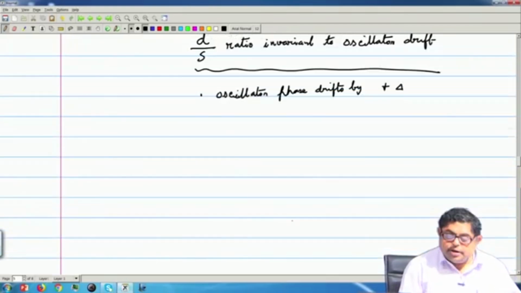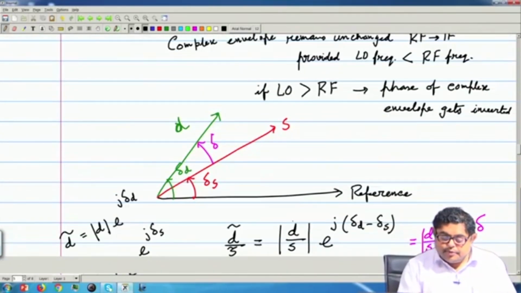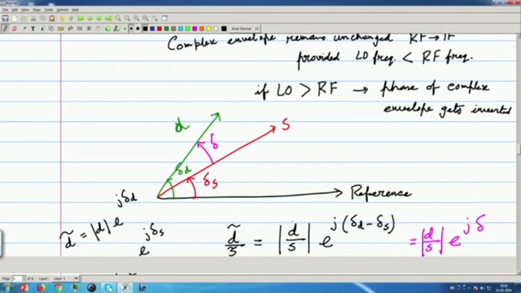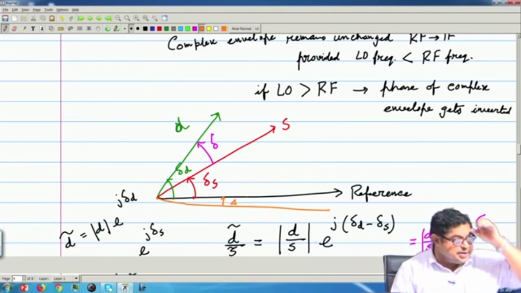In that diagram, now I will have to take this. This is now delta, that means the reference has drifted.